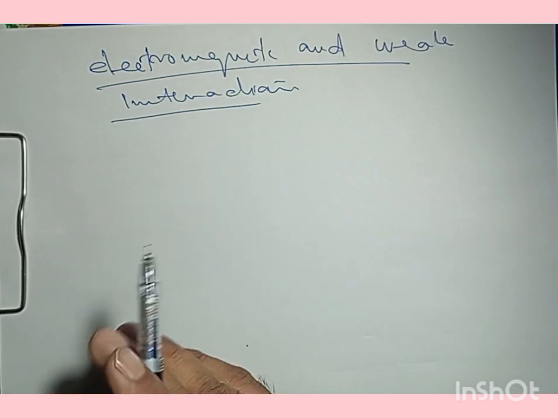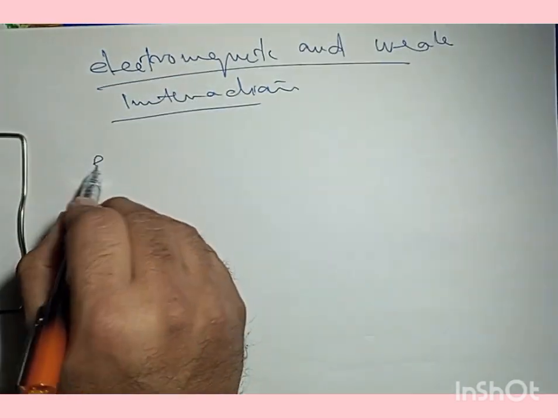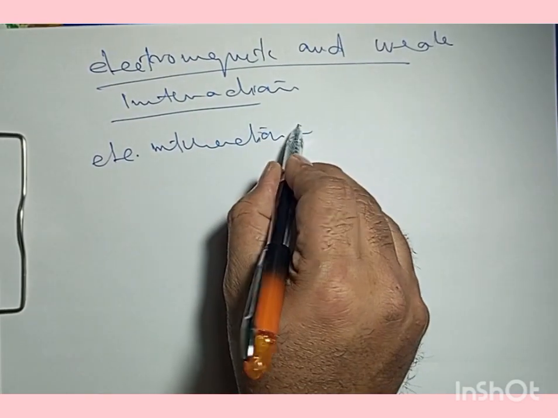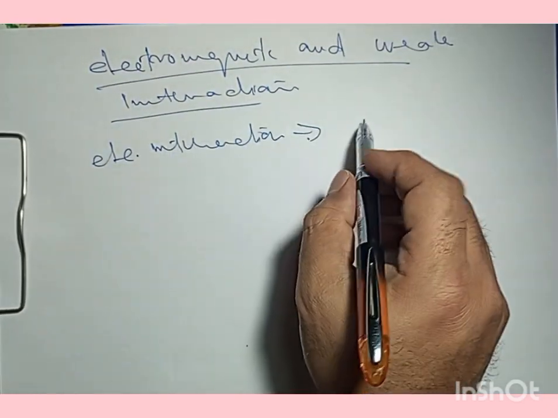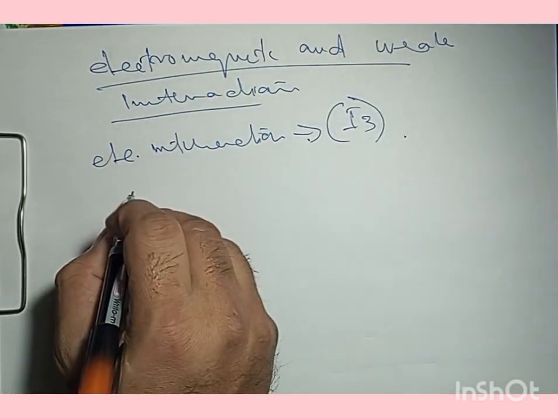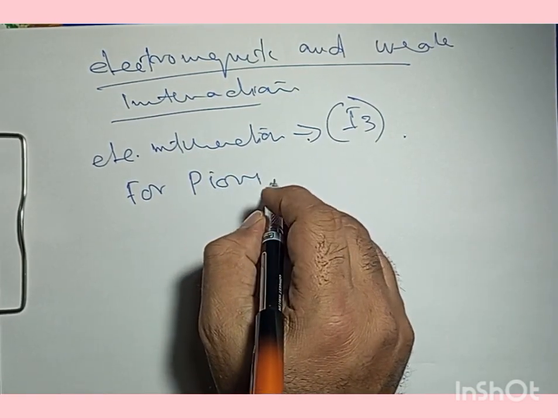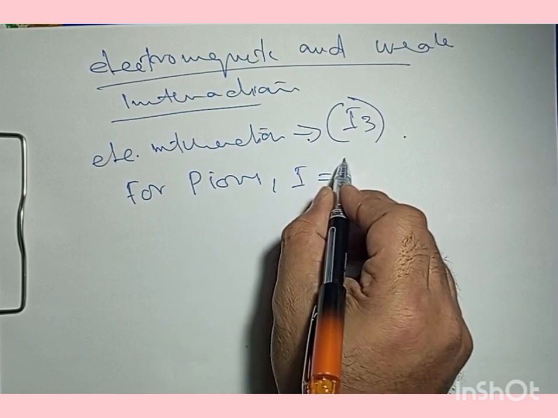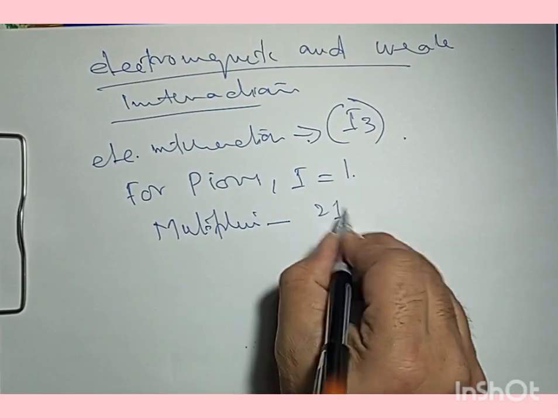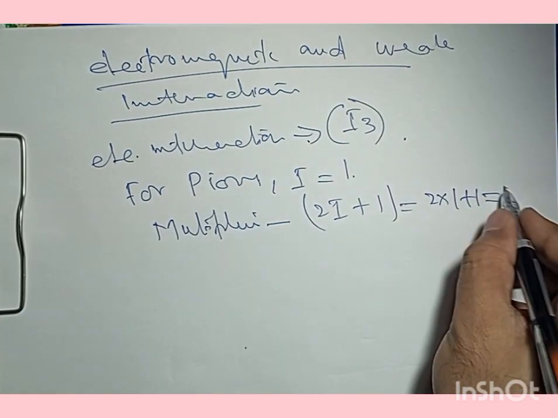neutron. And at the same time, it must be pointed out that the electromagnetic interaction conserves the third component of isospin, I3. Taking an example of pions, or pi mesons, we have I equal to 1, and its multiplicity is given by 2I plus 1, so that is 2 plus 1 equals 3.